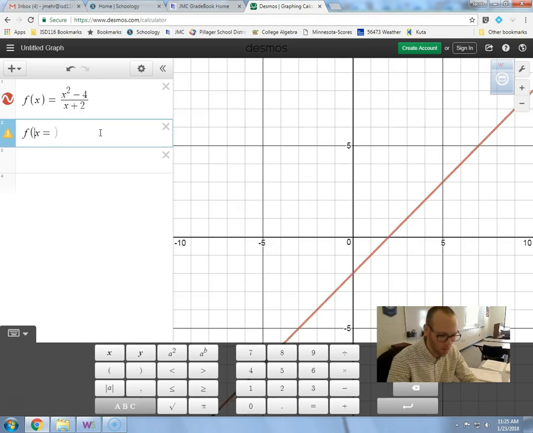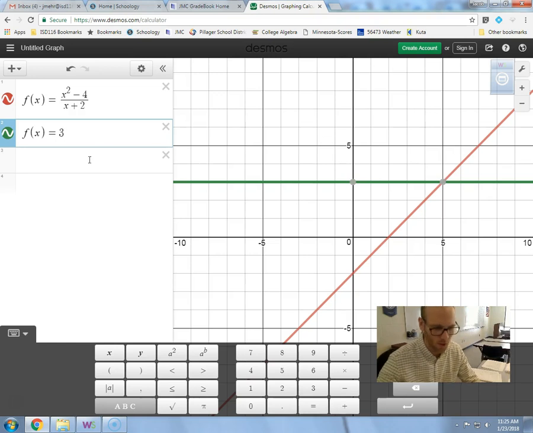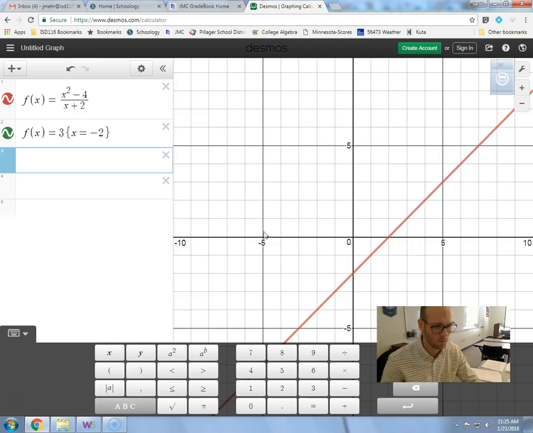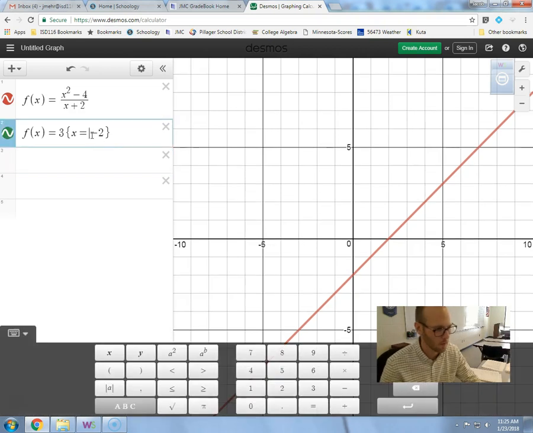my parentheses are over here, I'm bumping my microphone, I'm sorry. F of x equals 3, but we don't want all of those, we only want it for x equals negative 2. Why is it not showing it?